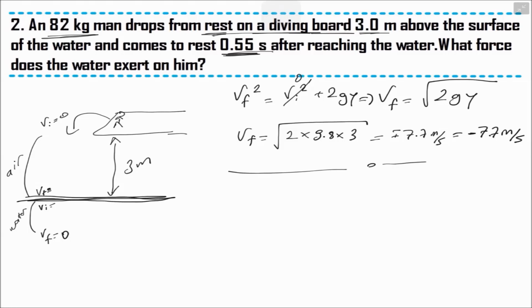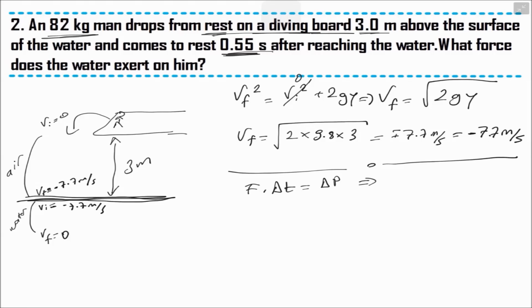Then it's asking what is the force exerted on him. So its velocity is 7.7 meter per second for the air final, and for the water initial it will be again the same, negative 7.7 meter per second. So F times delta t equals delta p.